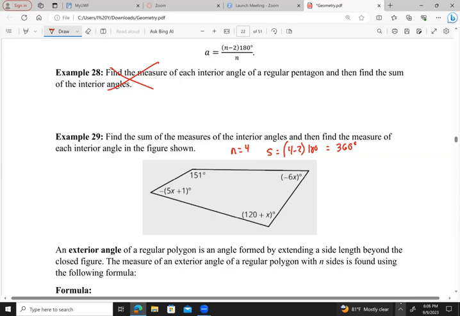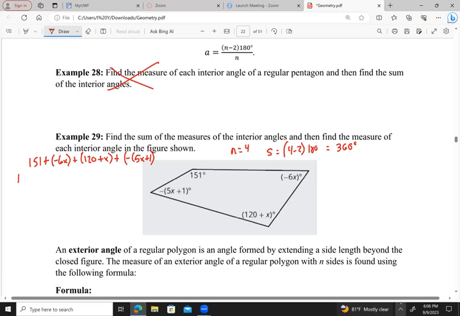We have 151 plus negative 6x plus 120 plus x plus negative 5x plus 1.